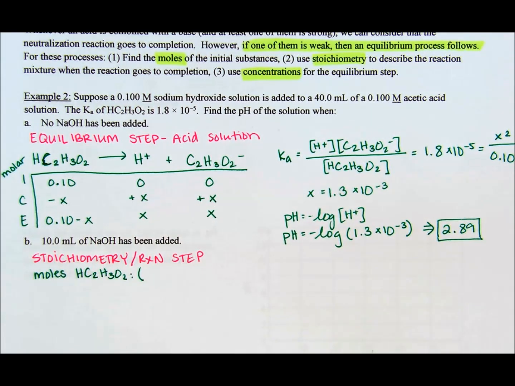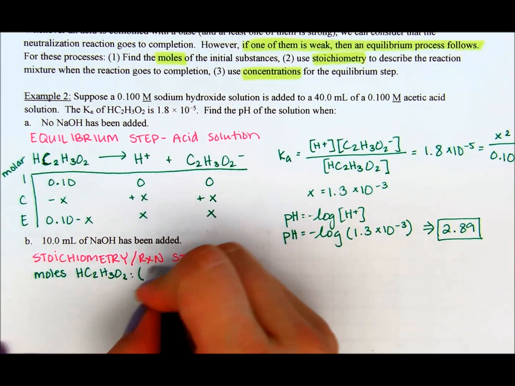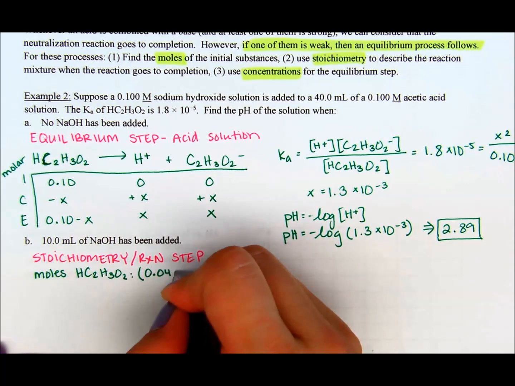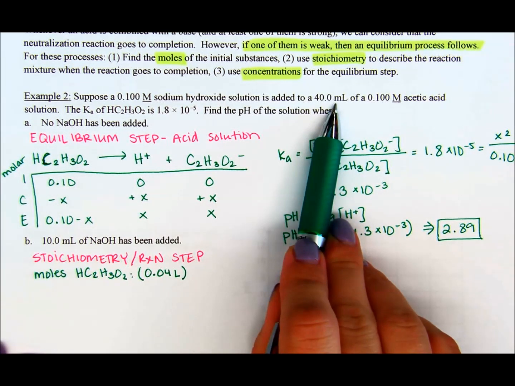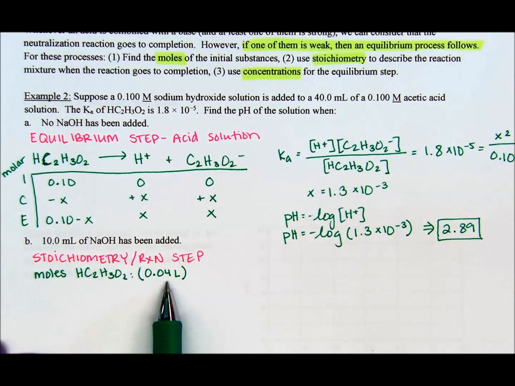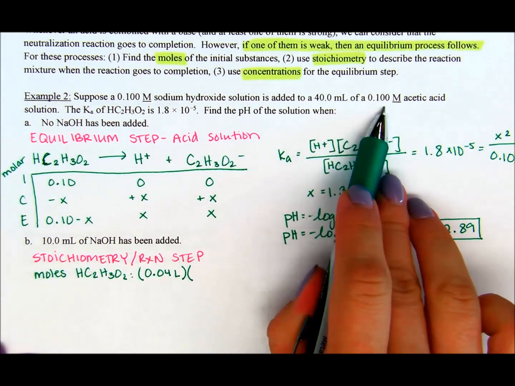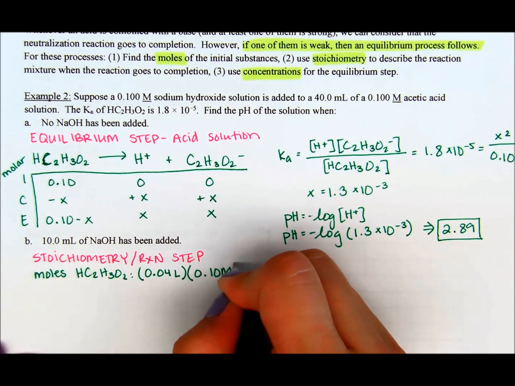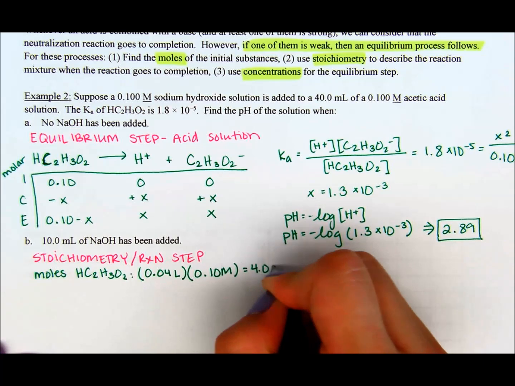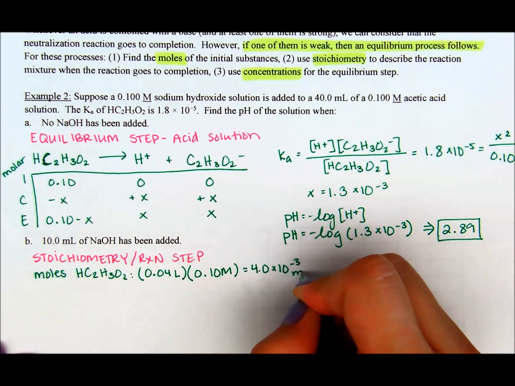You have your volume of acetic acid and your molarity of acetic acid, so you can simply multiply the two. To save space, I'm just going to multiply the two. So 0.04 liters, since we had 40 milliliters, which I converted to liters in one step, multiplied by the molarity of acetic acid, 0.10 molar, gives you 4.0 times 10 to the negative 3 moles.